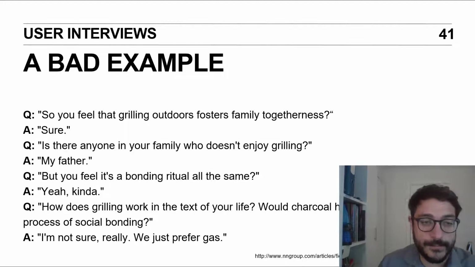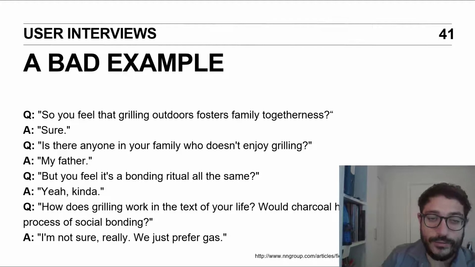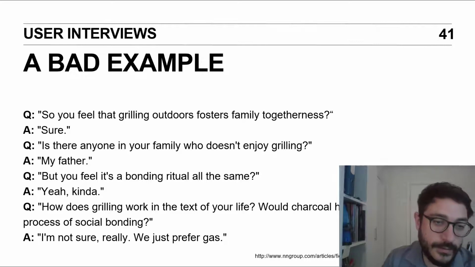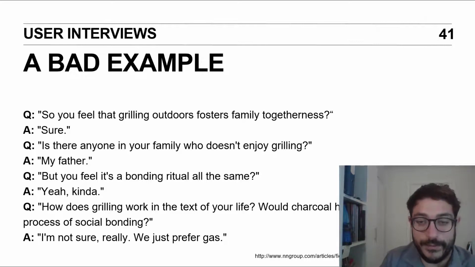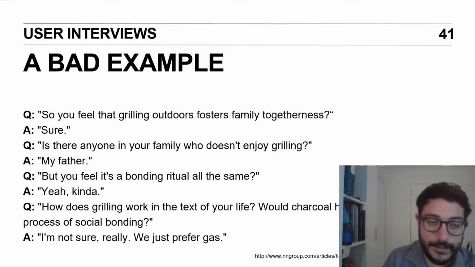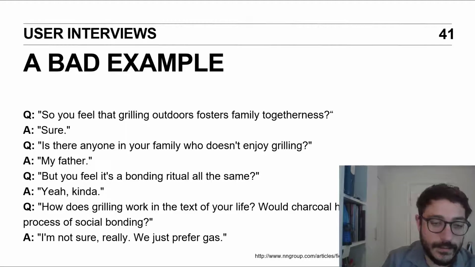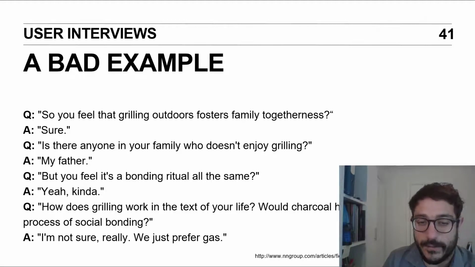Here's a bad example. Here's a question. So, you feel that grilling outdoors fosters family togetherness? Sure. Is there anyone in your family who doesn't enjoy grilling? My father. But you feel it's a bonding ritual all the same? Yeah, kinda. How does your grilling work in the context of your life?